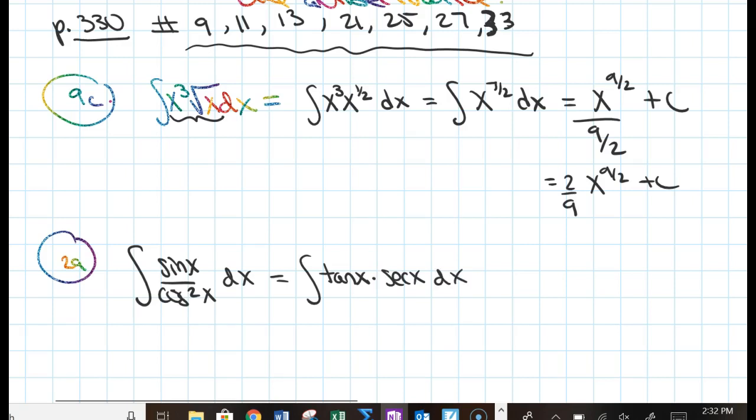Look what I've done. I've just taken this integrand and rewritten it. And what guides me in figuring out how to rewrite the integrand is my knowledge of my derivative rules. I know that the derivative of secant x is secant x tan x. So the indefinite integral, or the antiderivative of secant x tan x, is just secant x plus c.